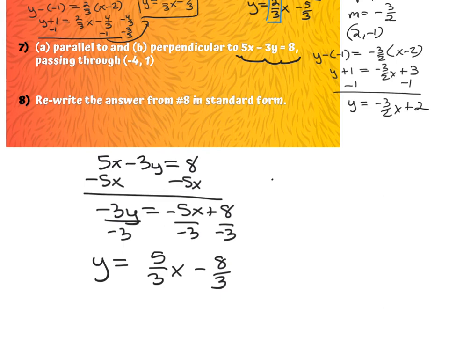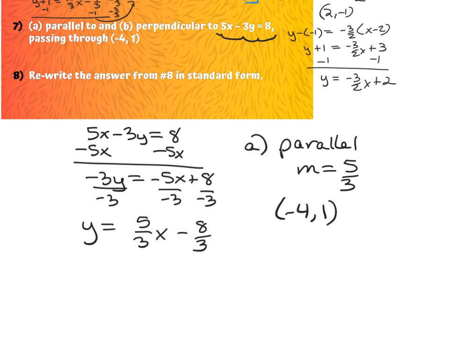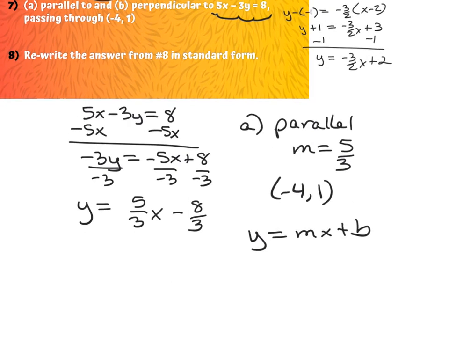So now the slope for part A, for the parallel, I use the same number, 5/3. The ordered pair I'm using is negative 4, 1. Now I know I did a bunch of point slope, so let me go ahead and do slope intercept, just to give you options here. So let's say instead I want to plug it into this, find the b, and then plug it back in. Again, either way works.